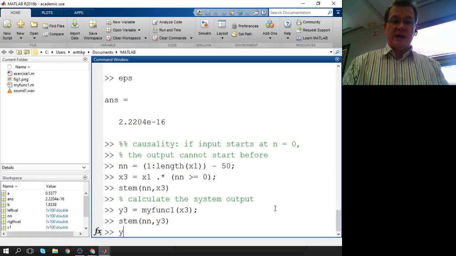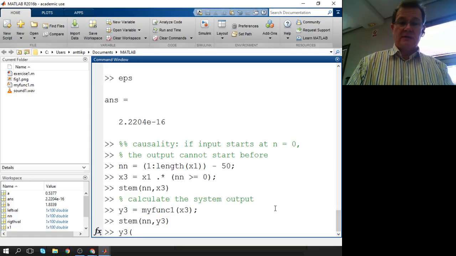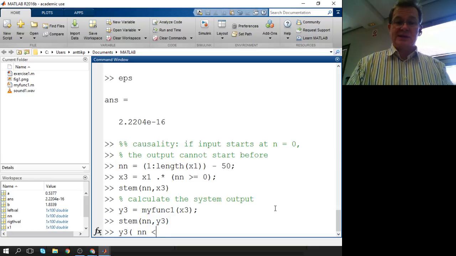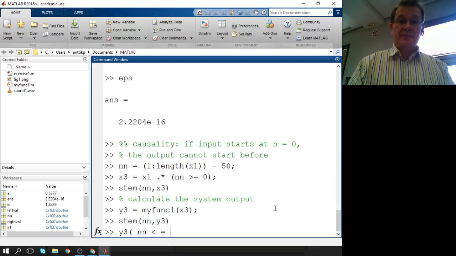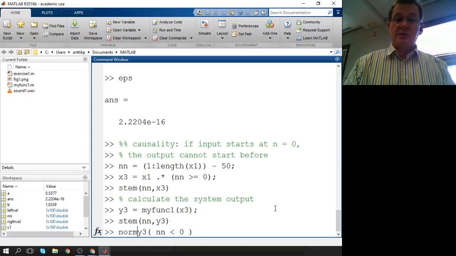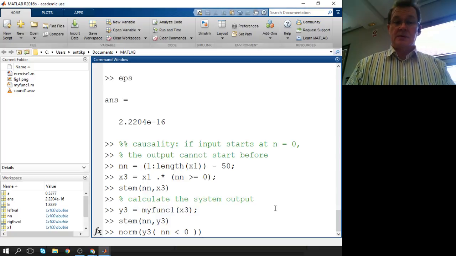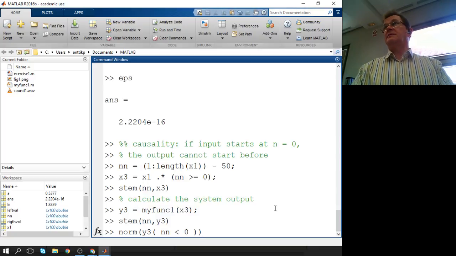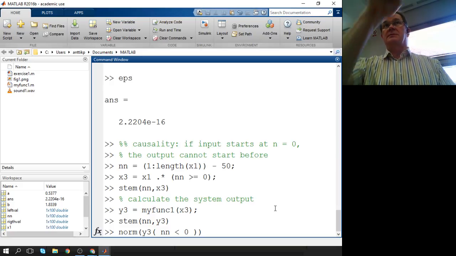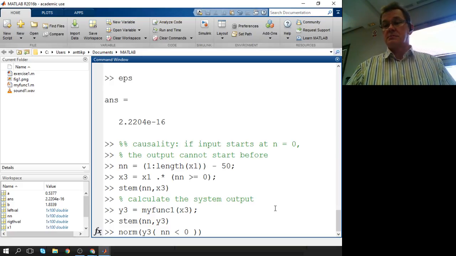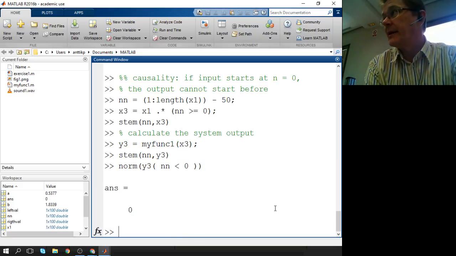So basically y3 and the values where n is less than 0, and just calculate the norm. So this is testing if those values are all 0, and yes, they are.